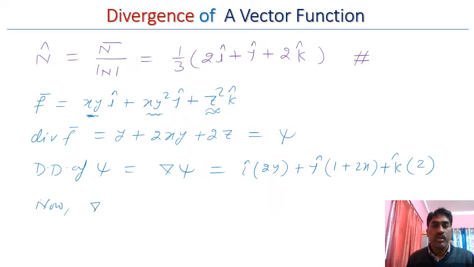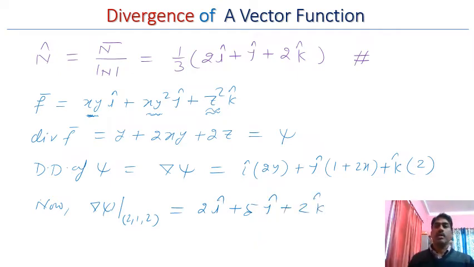Now del psi at (2, 1, 2) will be 2i plus 5j plus 2k. Now at a final stage, you need to find this directional derivative in the direction of n cap.